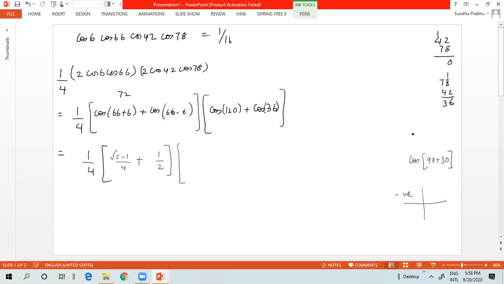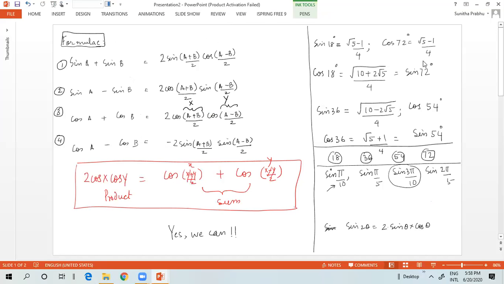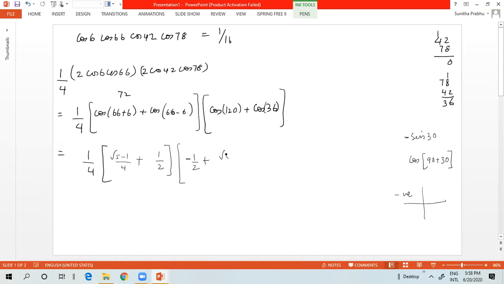Cos 90 plus 30 is minus sine 30, and sine 30 is half, so it's minus half. Plus cos 36, and cos 36 is root 5 plus 1 divided by 4. Now it makes sense.